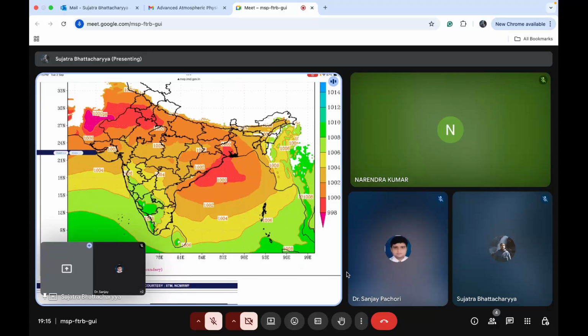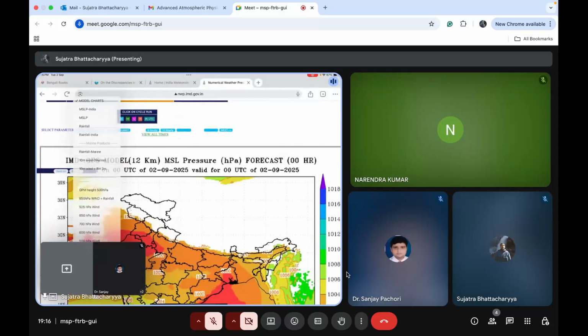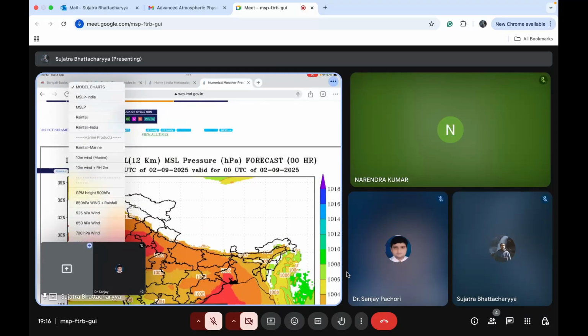So in the x direction and in the y direction, you can see that there are pressure gradients because it is a constant z surface. Similarly, if you go to z is equal to 500 meters, there also you will see this kind of pressure gradient. That's why in the horizontal momentum equation, we have used delta P delta X or delta P delta Y. Okay, remember this? Now I will change the chart and you will understand.